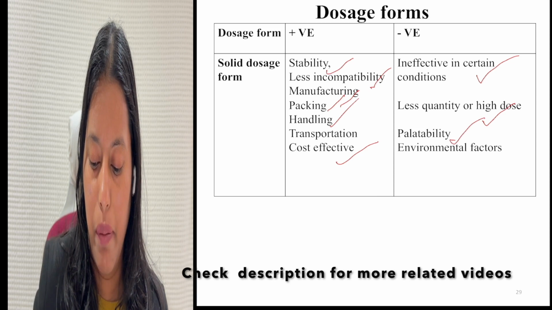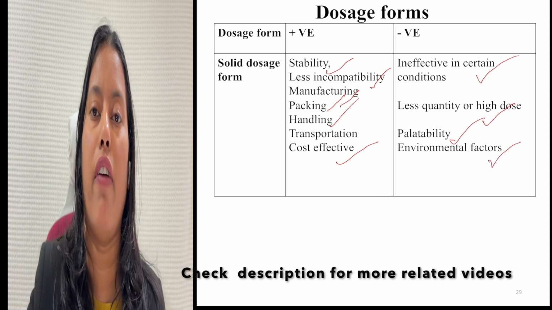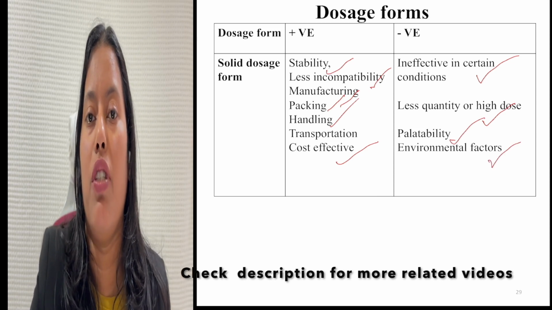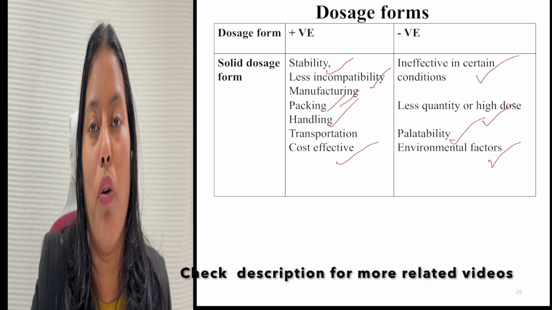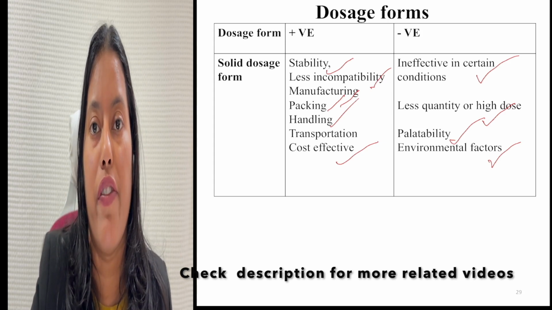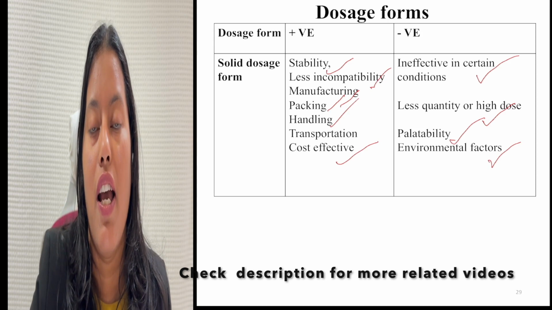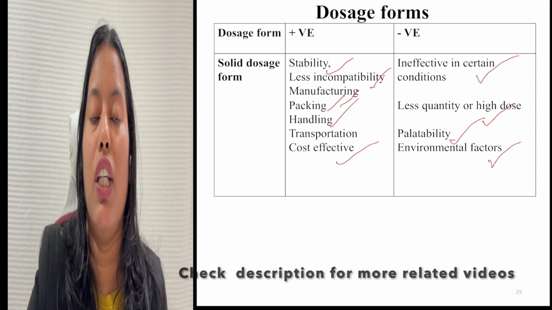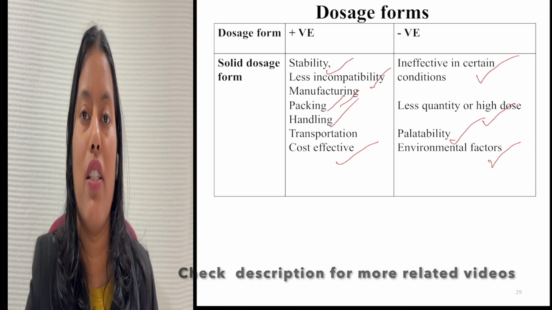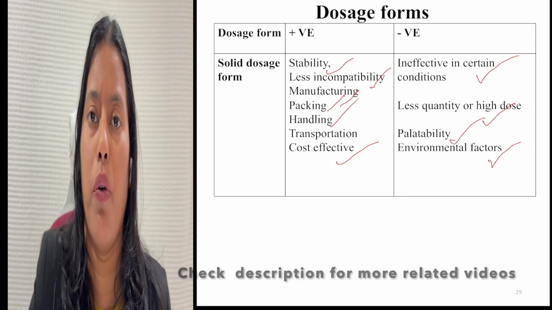Next, you have palatability and various environmental factors. Regarding palatability, masking taste and odor is sometimes difficult in some powder formulations. So palatability is an issue for oral formulations and high dose powders.